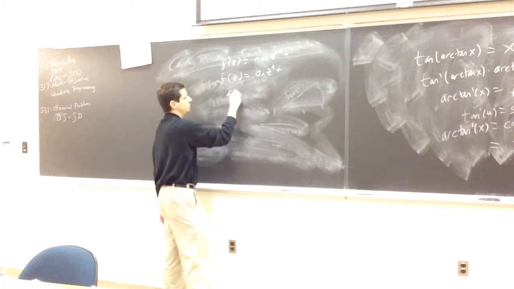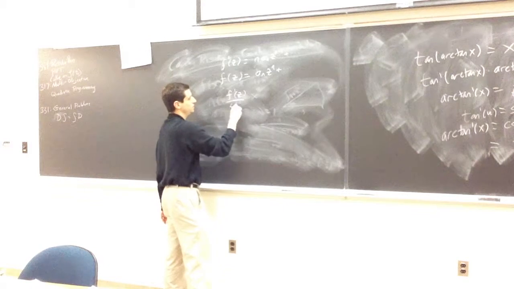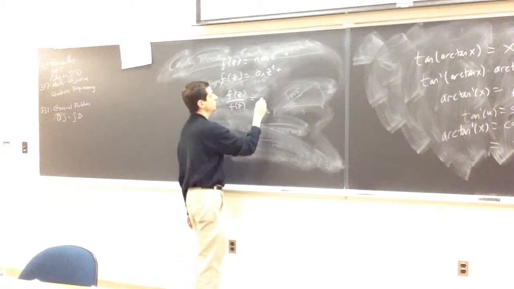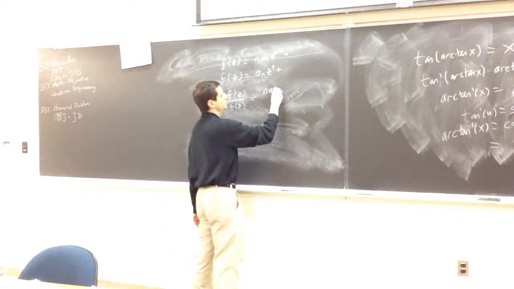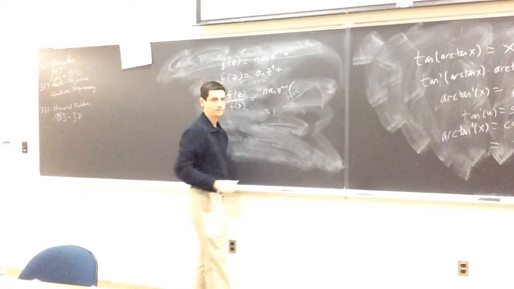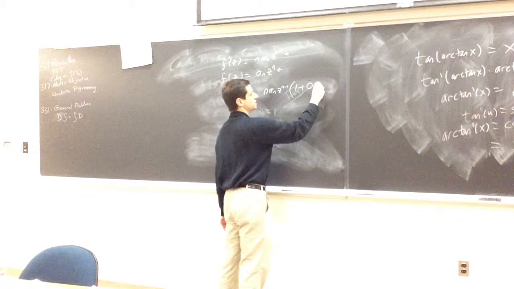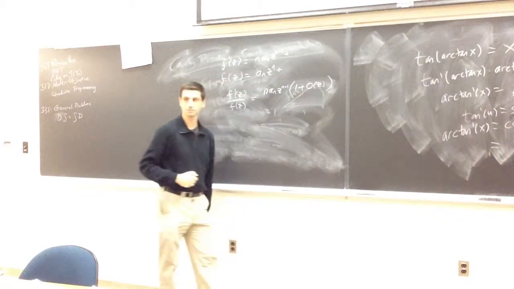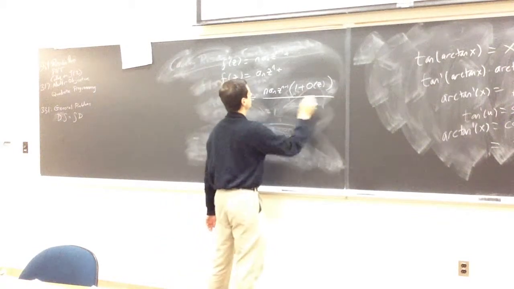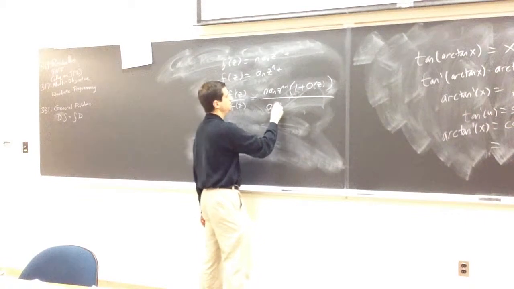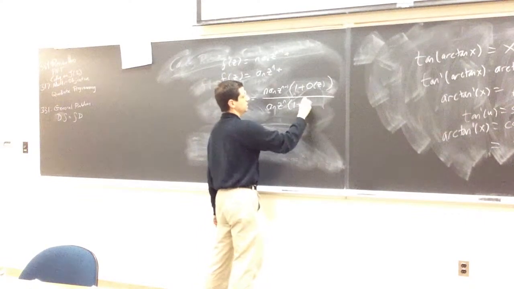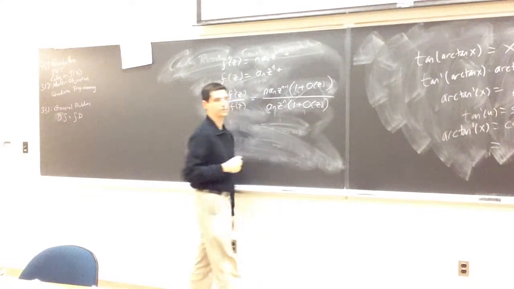If you look at f prime of z over f of z, expanding about 0, we get n a_n z^(n-1) in the numerator. I can pull this out, and I'll get 1 plus something involving z. Down below, I pull out a_n z^n, and I get 1 plus something else involving z.